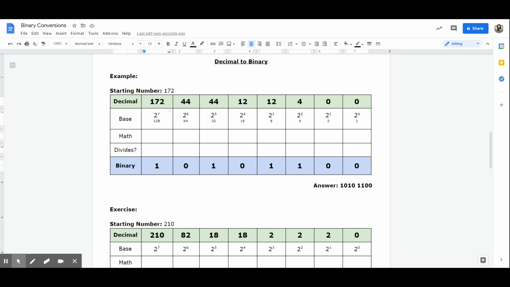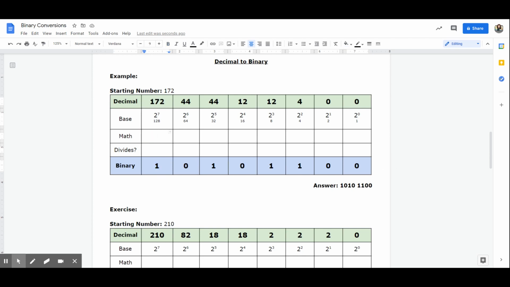For this conversion, we want to convert the number 172 into binary. Our math starts out by taking the largest binary number that can divide evenly into 172 and going to that column and designating it as a 1. So all of 128 can fit evenly into 172.